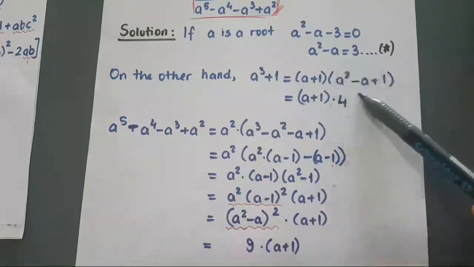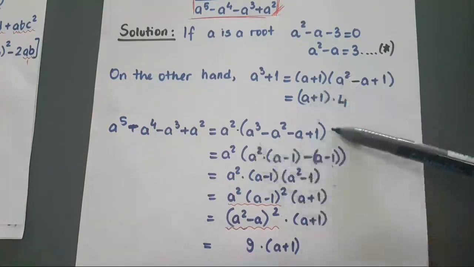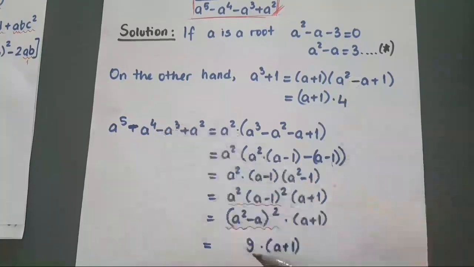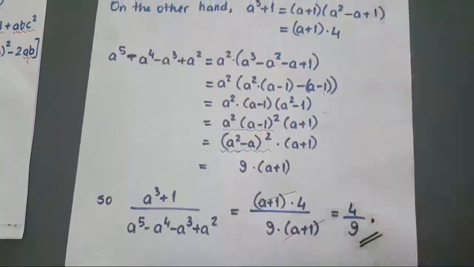Here I have a squared minus a; when I substitute, it's 4 times a plus 1. When I do all these factorization steps, the denominator is equal to 9 times a plus 1. And when you find the ratio, 4 times a plus 1 over 9 times a plus 1, that's equal to 4/9. Here is the end of the problem.